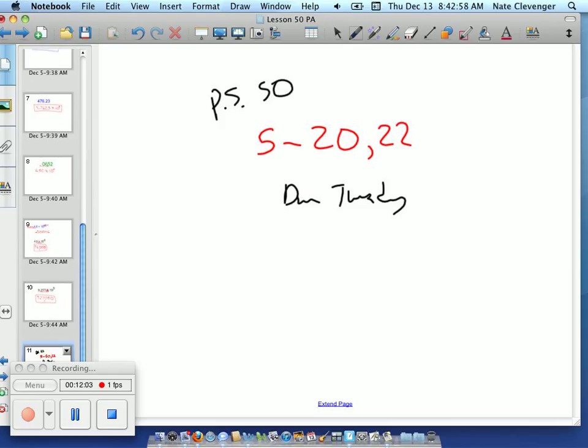That work? No more comments about what to assign and not to assign. Thank you. 22 through 27. Can we work with a partner? No. You may sit on the floor.